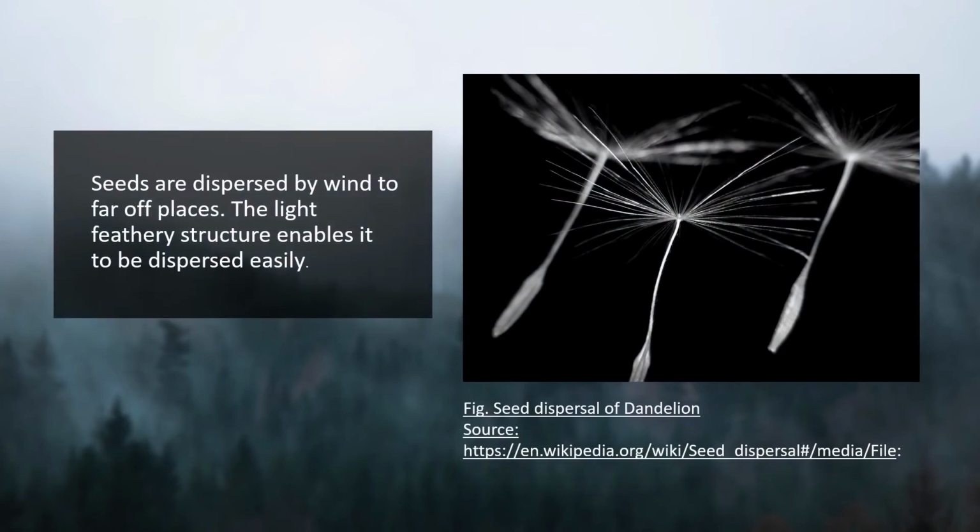In this photograph, you can see that the seeds are dispersed by the wind to far off places, and the seeds have developed modified structures, light feathery structures, enabling the seeds to be light so that they can travel to far off places. You can see here the hairy or feathery structure developed so that it can be easily carried by the wind. And there are different mechanisms of dispersal of the seeds.